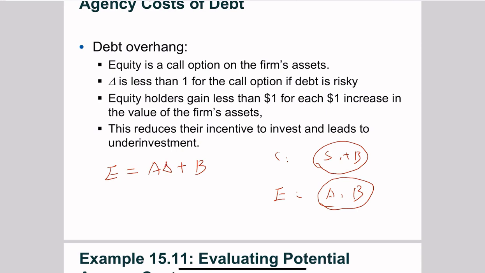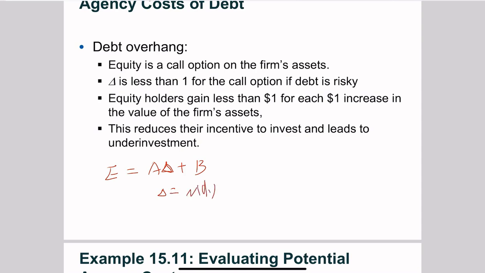And then we again have this delta here. We know that from the Black-Scholes model, delta equals N(d1), which is always smaller than 1, right?